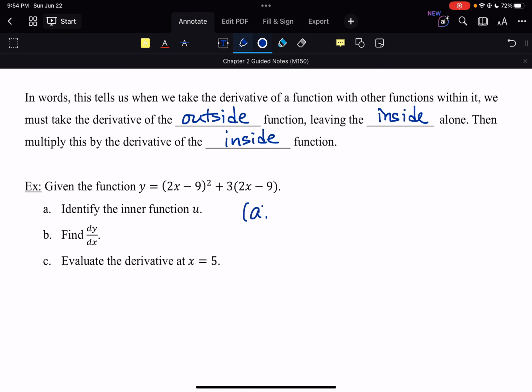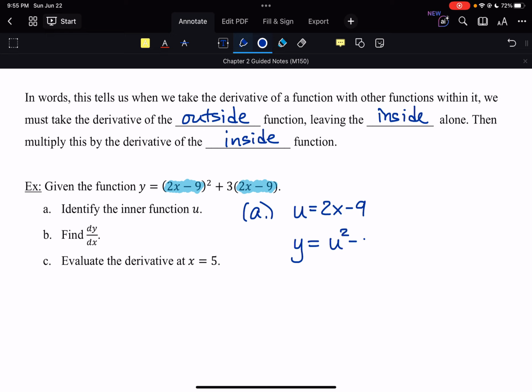So we have y equals (2x minus 9) squared plus 3 times (2x minus 9). If we identify u as 2x minus 9, that gives us a general formula now for y in terms of u.